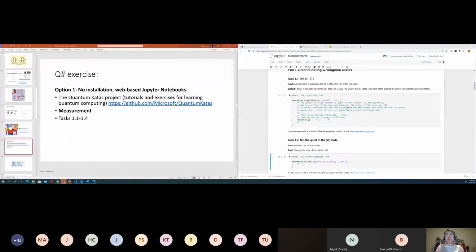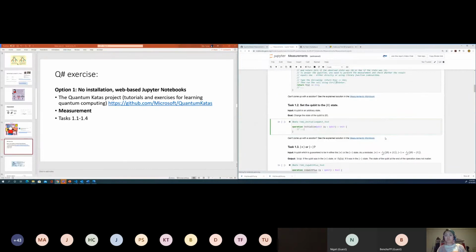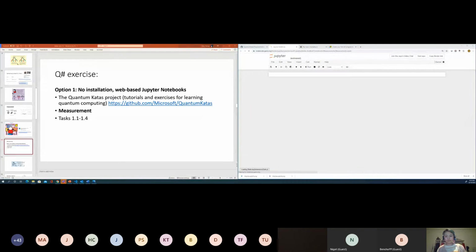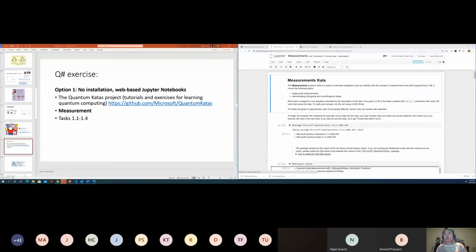So I might have to reload my page because this one was not running. I had this problem earlier, but reloading worked. Yeah, some people are saying the words are too small.